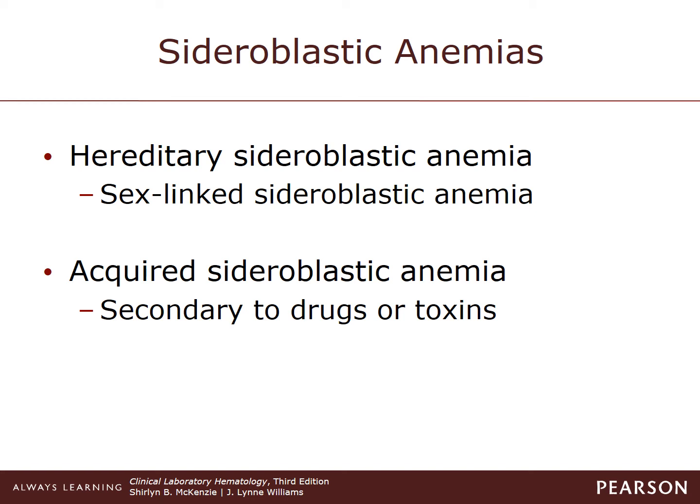Alcohol is believed to interfere with some enzymes in hemoglobin synthesis, which leads to the inhibition of synthesis of pyridoxal phosphate and the activity in the decarboxylation of the ring. You can also have an association with malignancy, where ring sideroblasts are seen in certain types of leukemias and lymphomas.